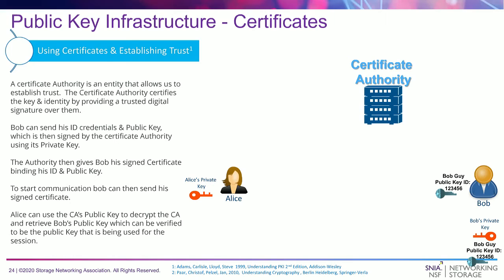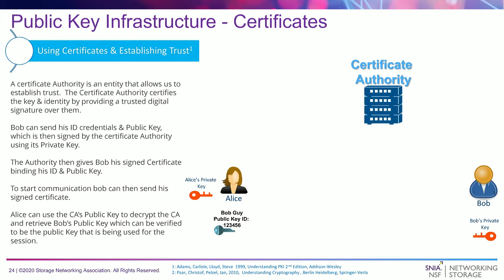And what's hidden in those certificates is the public key of the vendor that you are talking to. So how this works is this. If I'm an entity, I go to the certificate authority. They give me a certificate.